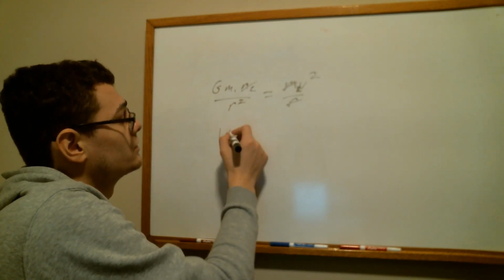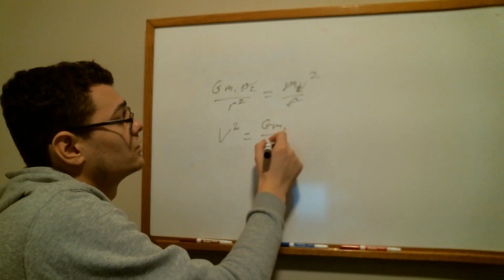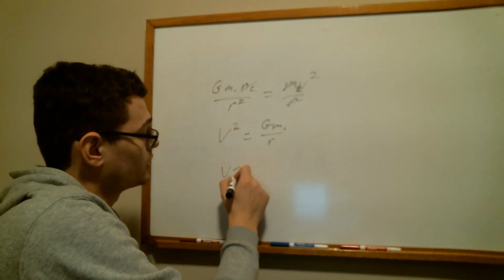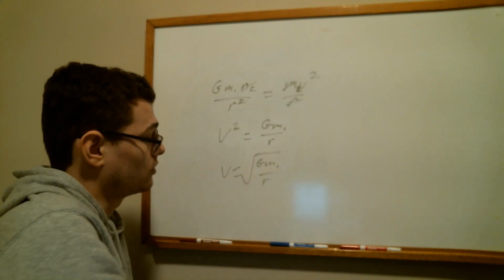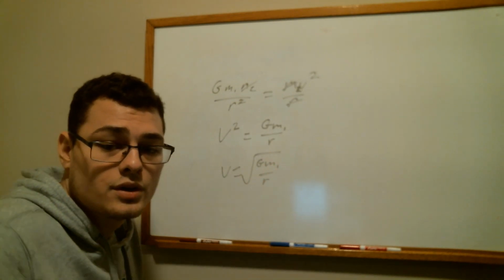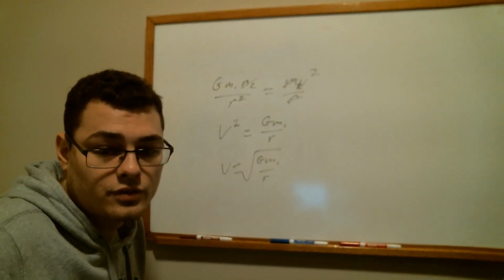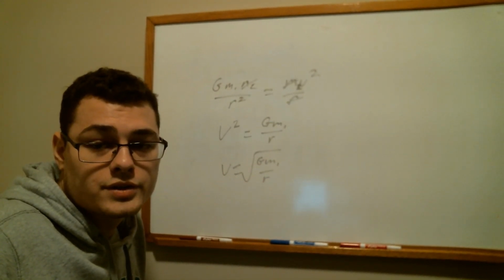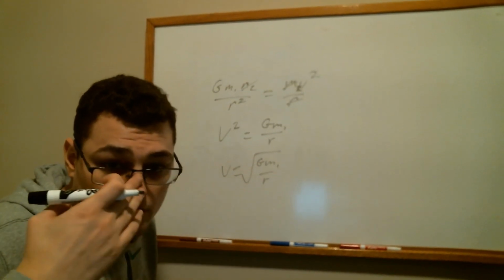And then you're just going to get that v squared is equal to G m1 over r. And then v is going to be equal to the square root of G m1 over r. So very quickly we were able to derive this circular orbit equation for the velocity. This is, again, just for circular orbits and not for any sort of elliptical orbit.